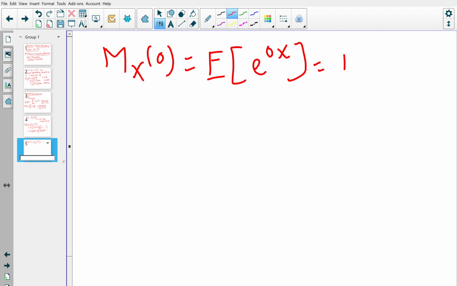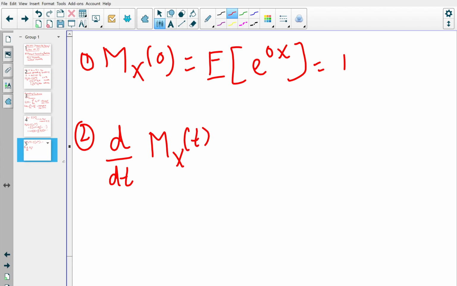That you can easily get. If you take the derivative with respect to t of M_X(t) and evaluate at t equal to 0, what do you get?